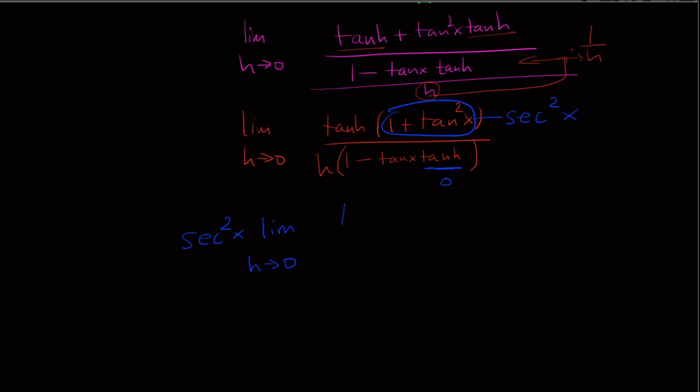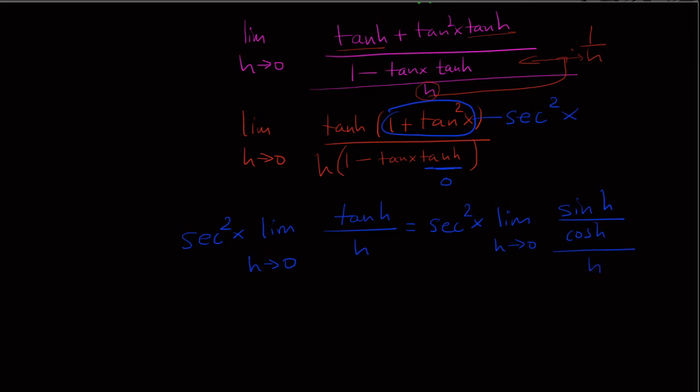So we're left with tangent of h over h. That can be simplified further. Well, tangent is sine over cosine. So we can say sine h over cosine h all over h.